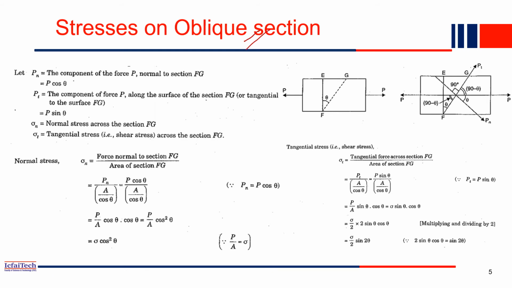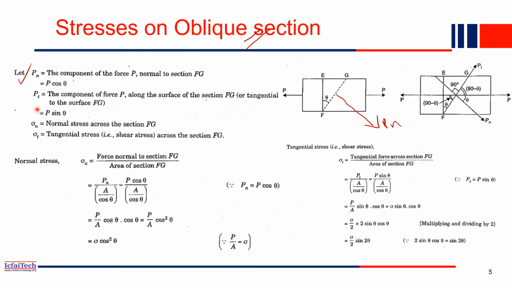This P is actually acting horizontally, but for this plane, normal to this plane is this direction. So this direction we call Pn. So Pn is always P cos theta, because this is the P and this angle is theta. So Pn is basically P cos theta.